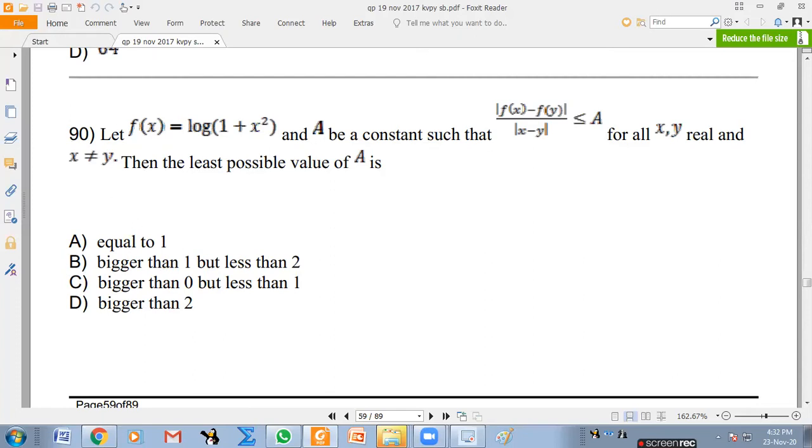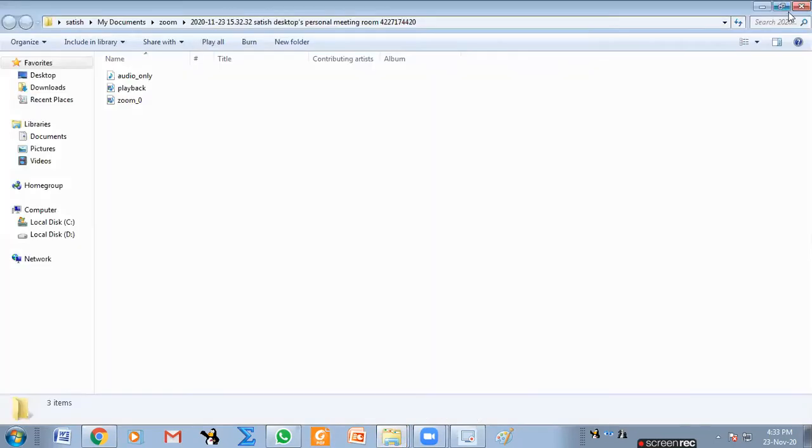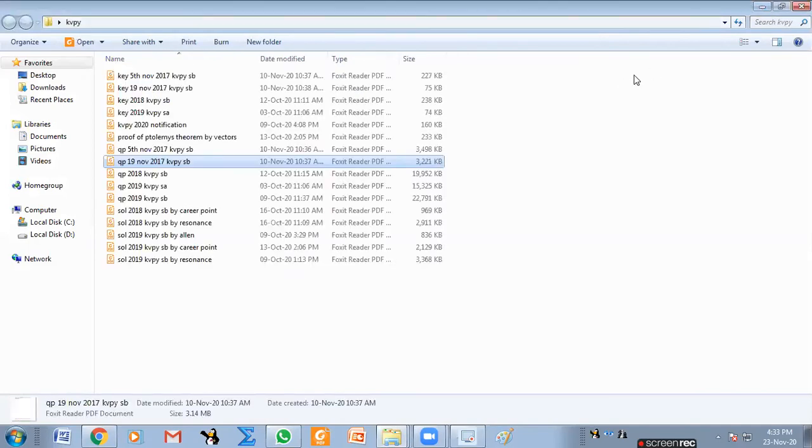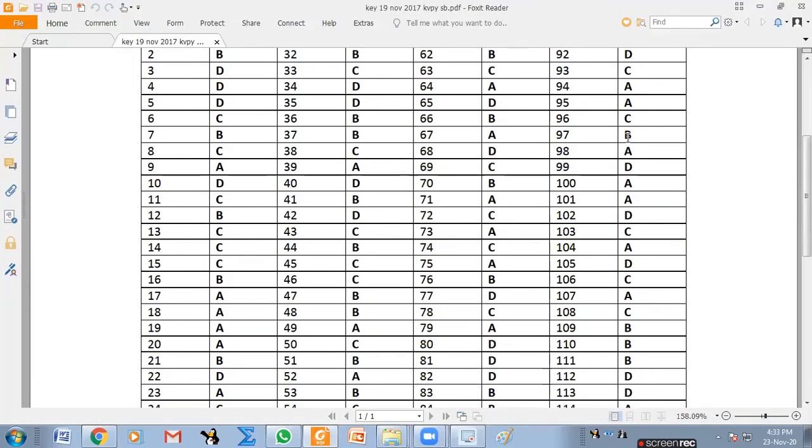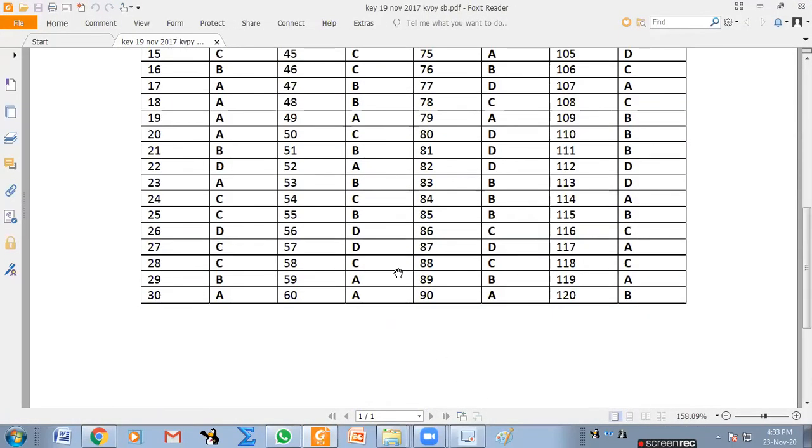Just have a look at that answer once and then we'll stop. A versus C. Strongly, C is the answer strictly. They might have given the key as A, there is a chance. They gave it equal to 1.